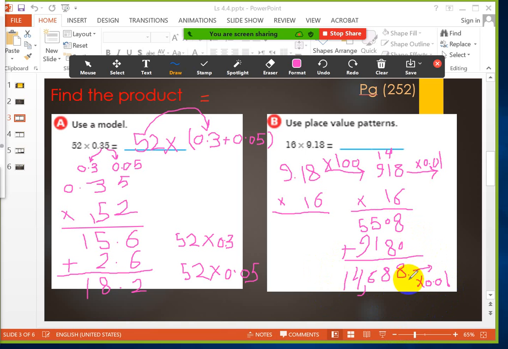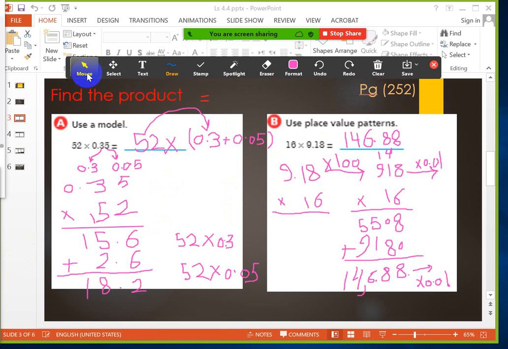That means the decimal point becomes here. The final answer will be what? 146.88. This is how you will use place value pattern to find the multiplication answer.